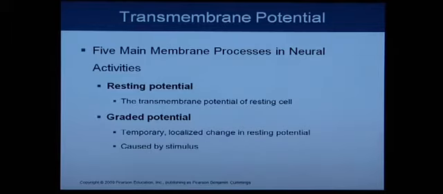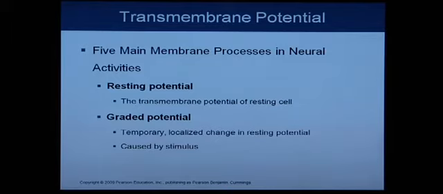So the resting potential is the transmembrane potential of a resting cell. Okay, so this is a cell that is not actively sending a signal. Okay, so that's why we call it the resting potential. The cell is just kind of resting. And in neurons, the resting potential, if we measure it, is negative 70 millivolts.